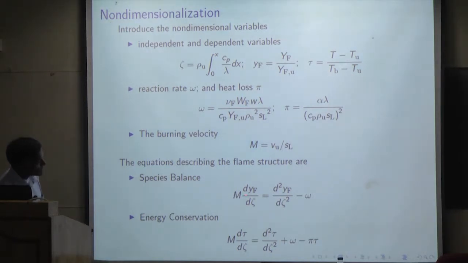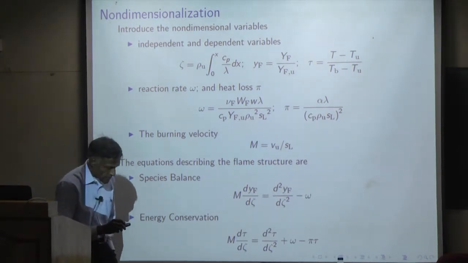And if you recall, last class m was 1, but that's the only difference between what I have here and what I had yesterday. And of course the energy conservation equation has this additional term, which is pi times tau, and that comes from the heat loss. So these are the two sets of equations we need to solve: the species balance equation and the energy conservation equation, right?